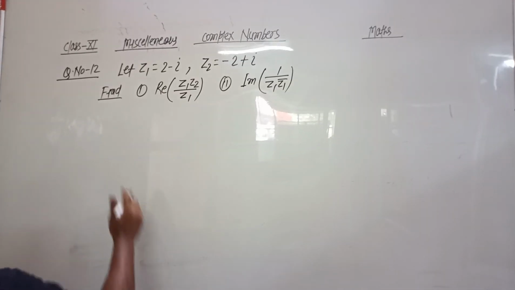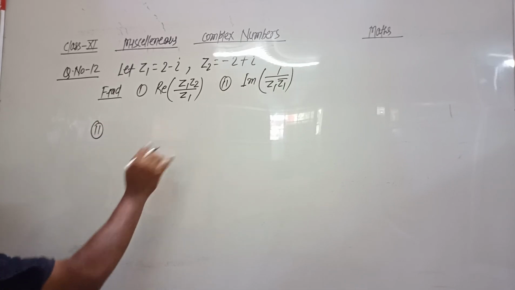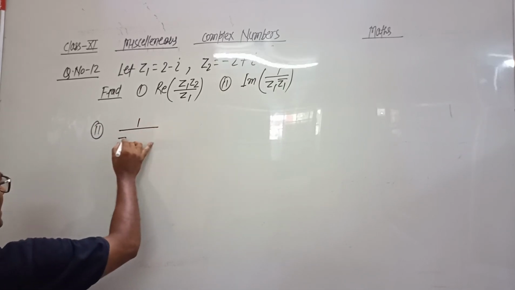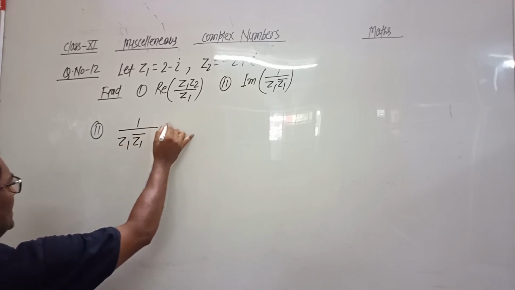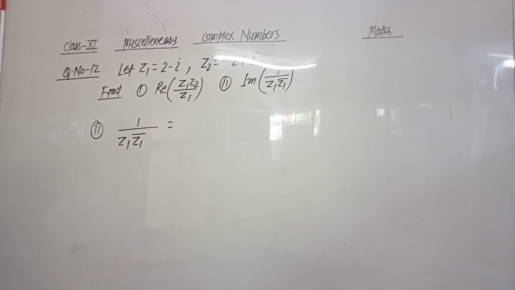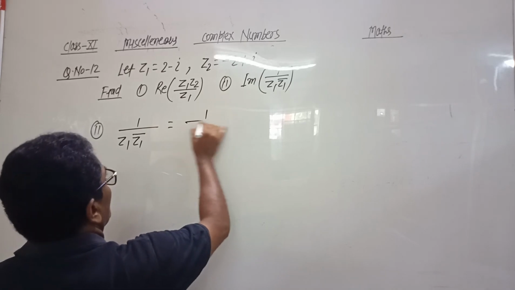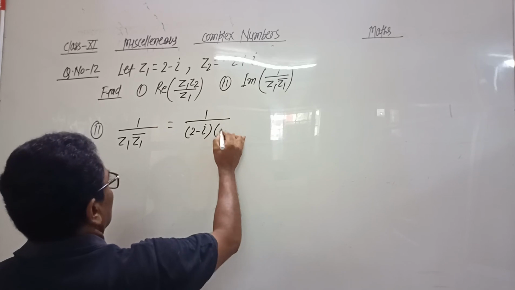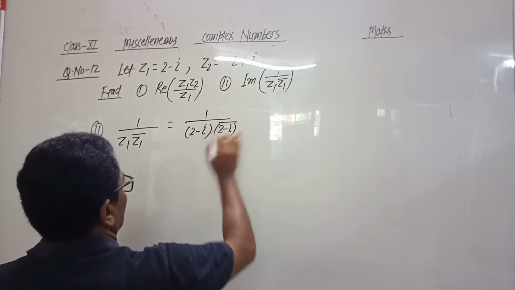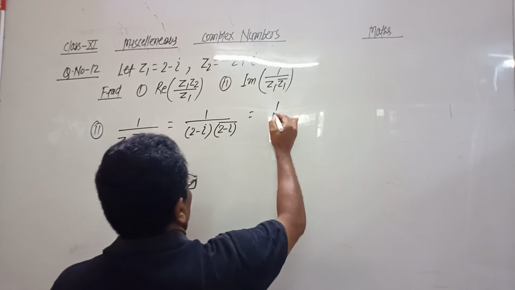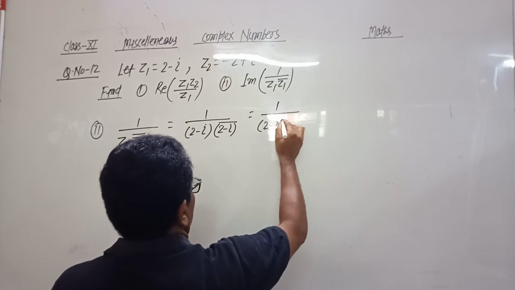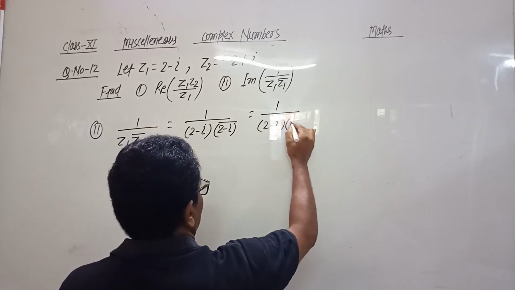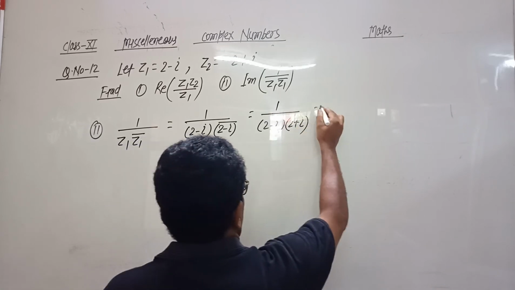The second part is the imaginary part of 1 upon Z1 into Z1 bar. So we find 1 upon Z1 into Z1 bar first, which means 1 upon 2 minus iota, and Z1 bar means 2 minus iota bar, which is written as 2 plus iota.